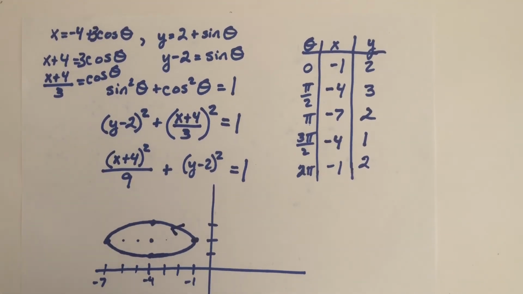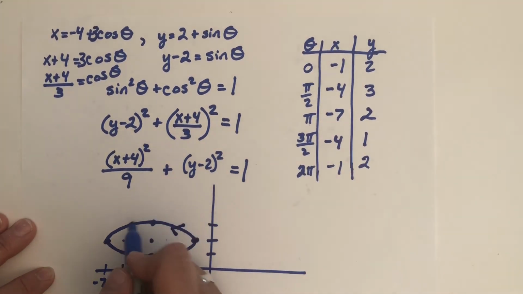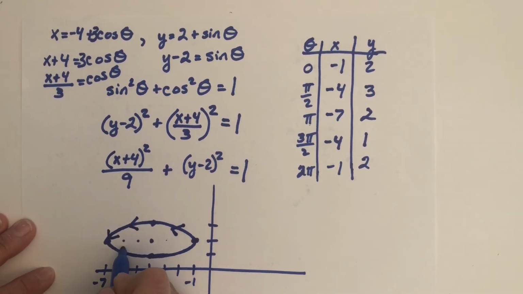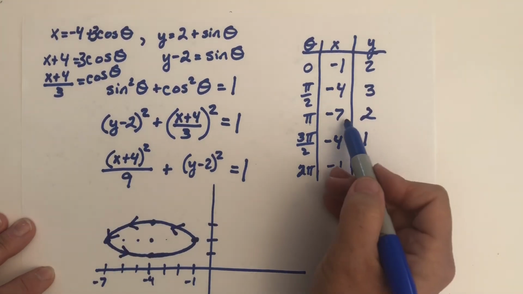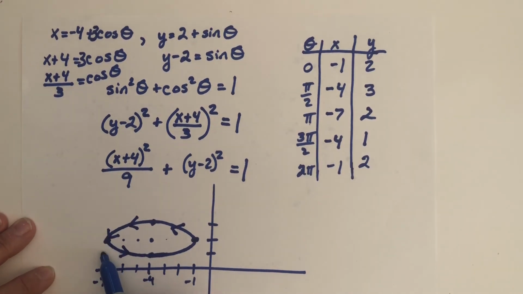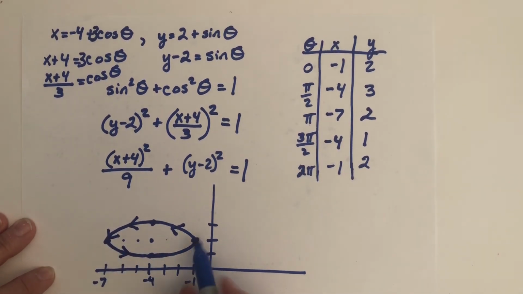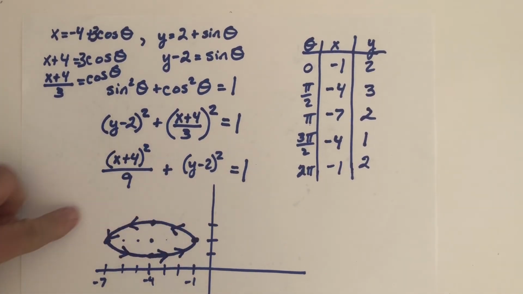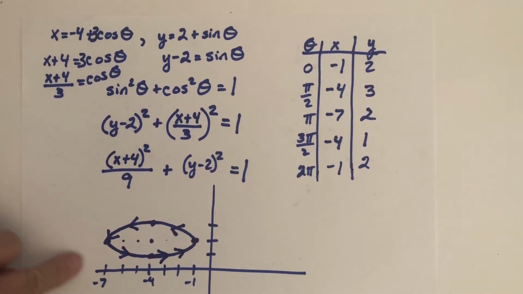In the previous ellipse, we went clockwise, and it seems now, at -7, 2, we're going counterclockwise. And now from -7, 2, we move to -4, -1, and back this direction. And if you continued putting in values, it would just keep following the ellipse around on that curve.